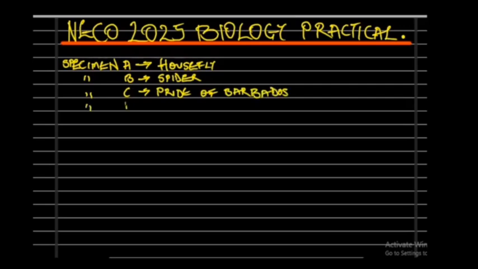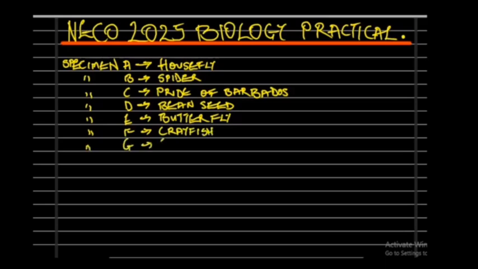Our specimen D, we have bean seed. For our specimen E, we have butterfly. For our specimen F, we have the crayfish. For our specimen G, we have grasshopper. And our specimen H, we have humerus of rabbit.